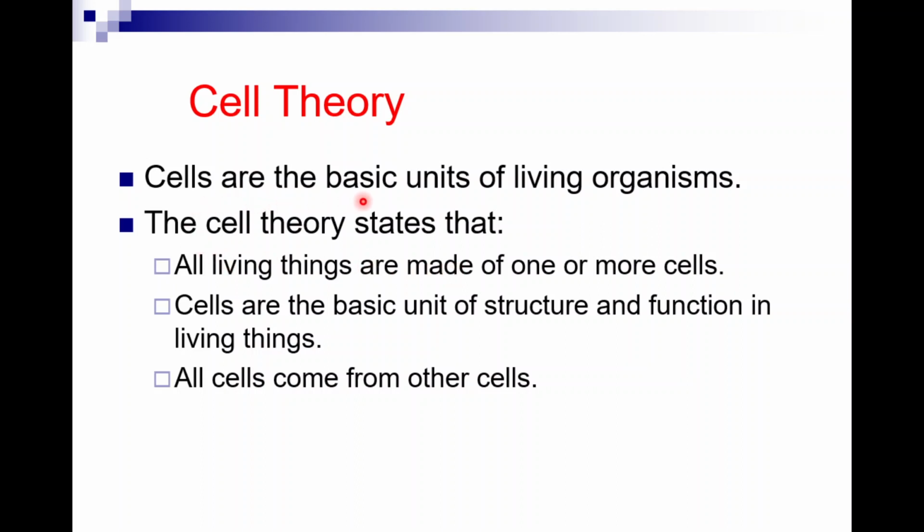The living cell is the basic unit of the living organism through which all the metabolic activities and functions are done. So the cell theory states that all living things are made up of one or more cells. Cells are the basic unit of structure and function in living things. All cells come from other cells.